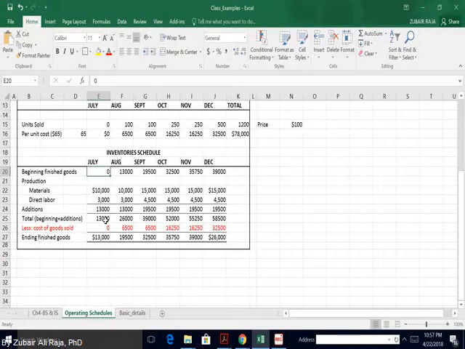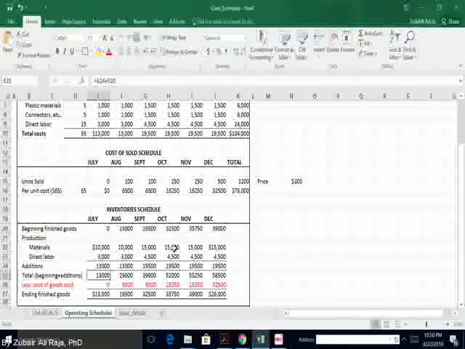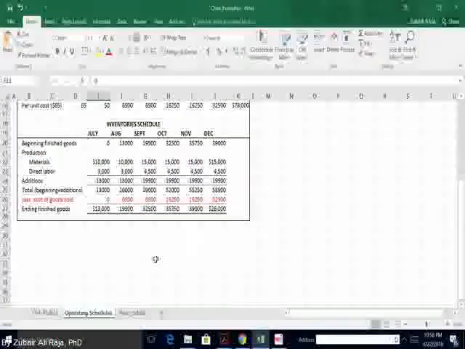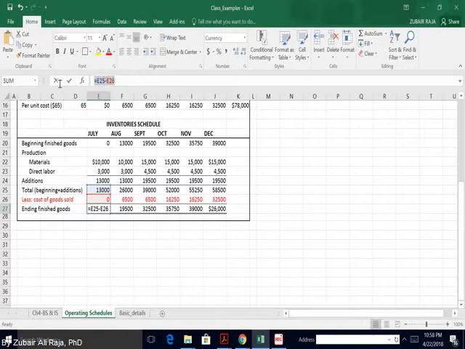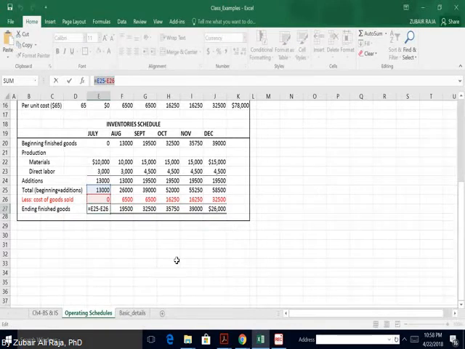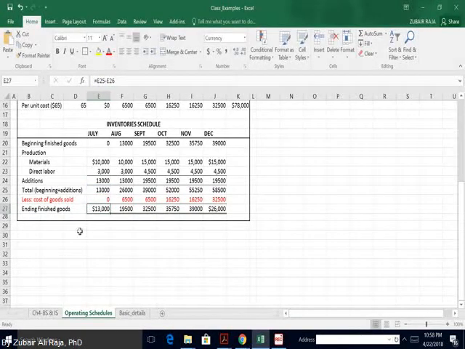So the only inventory available for sale is 13,000. Now remember, in July they were not able to sell anything, so there is zero cost of goods sold that needs to be subtracted from the available finished good inventory. So 13,000 minus 0, look over here again, the cell E25 minus E26. So this is 13,000.